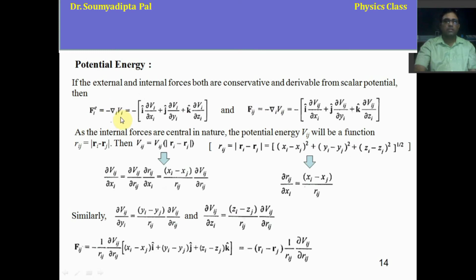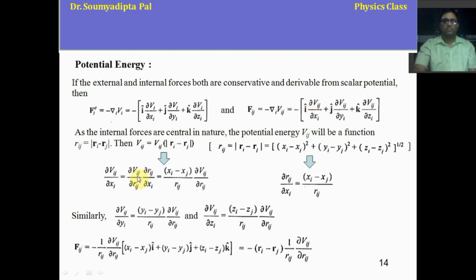You know that we can write it as the gradient of a scalar potential. Okay. Now here this internal force is central in nature, so that's why this potential energy we can write as a function of Ri minus Rj, and you know that Rij, which is like this, we can write like this. Now here we want to see what is this del Vij/del Xi, okay, this term.